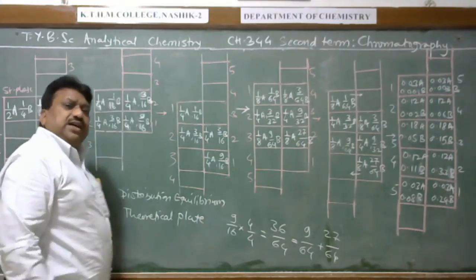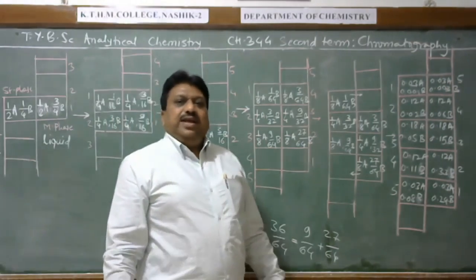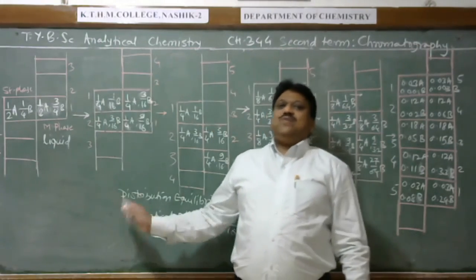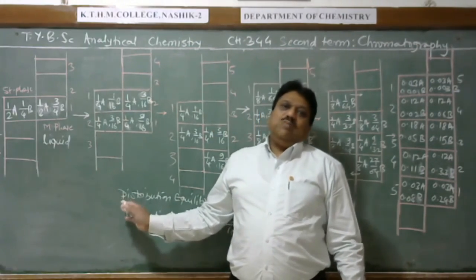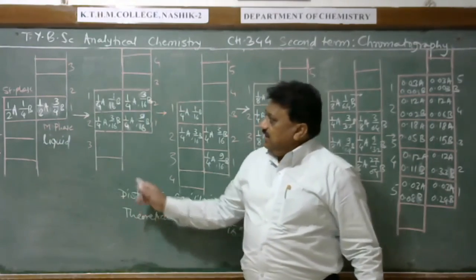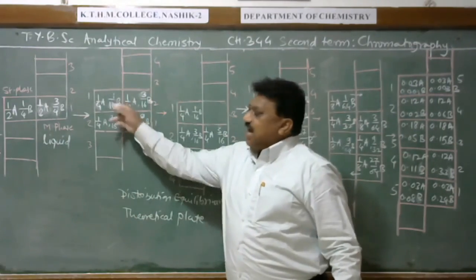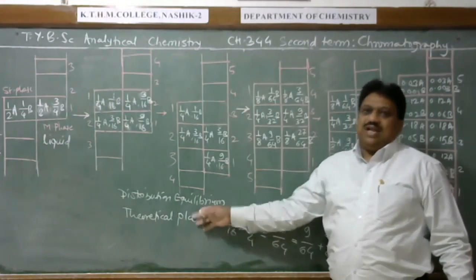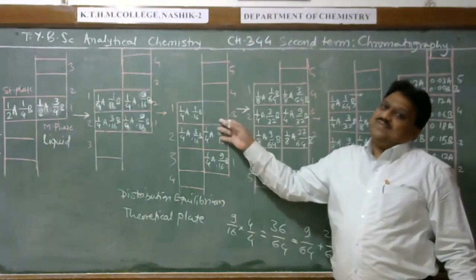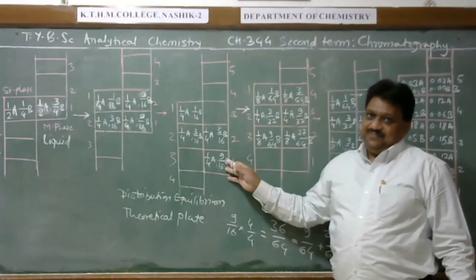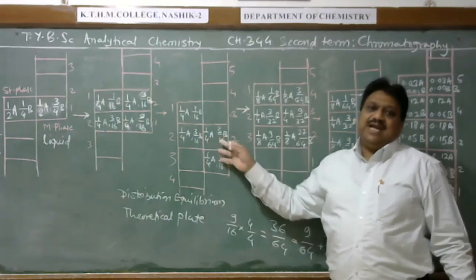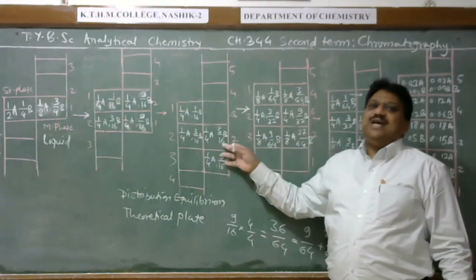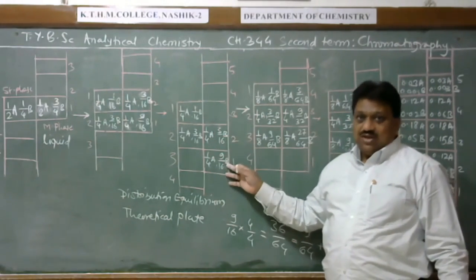That theoretical plate is important in chromatographic separation, and on the basis of the theoretical plate, the chromatographic separation takes place. Here these boxes represent the theoretical plates. If a particular column has more such theoretical plates, that means more equilibria are possible in that column, then the separation efficiency of that chromatographic column is more.